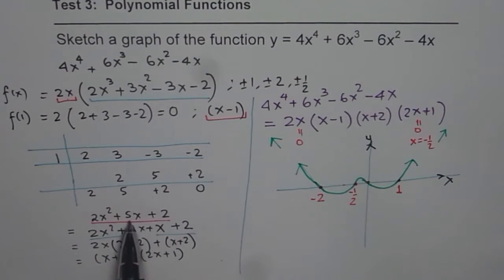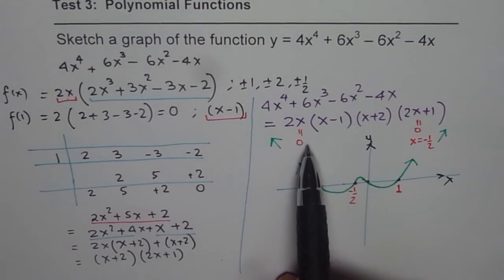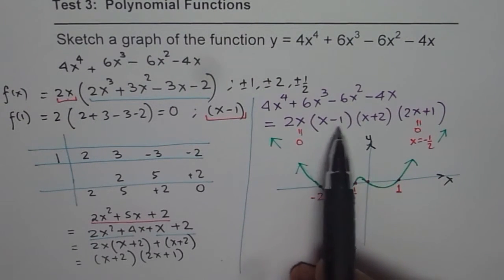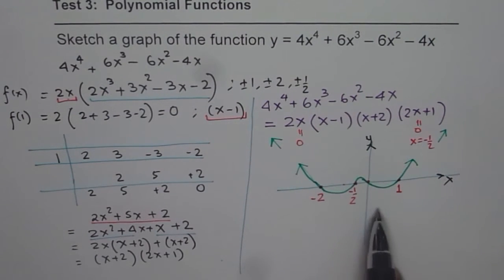Product of 4, sum of 5. So we split 5x as 4x plus x, grouped, and factored this as x plus 2 times 2x plus 1, thereby writing our polynomial as a product of 4 factors, which gave us 4 linear zeros.